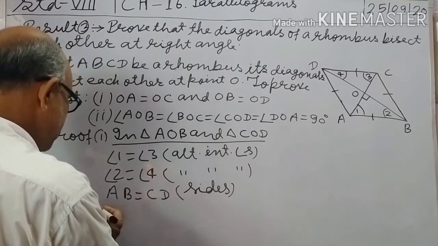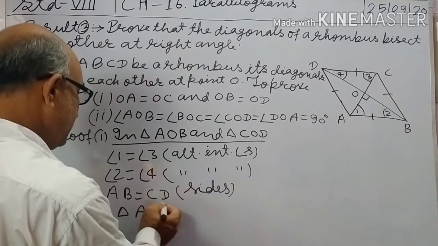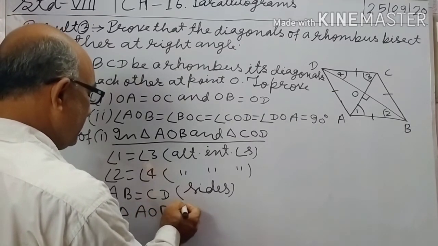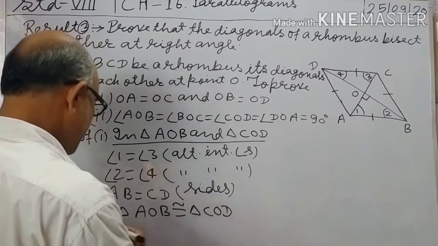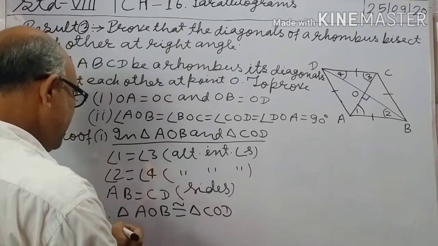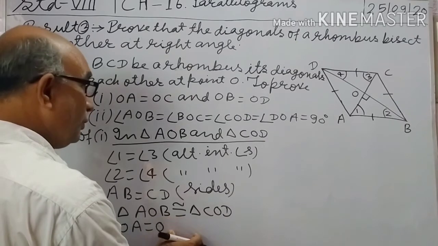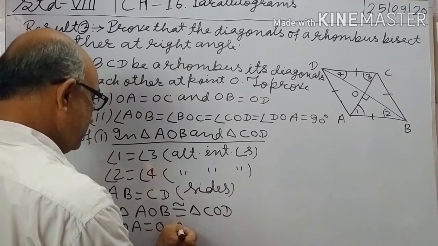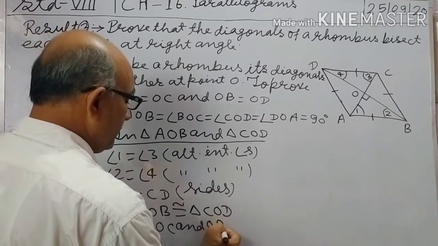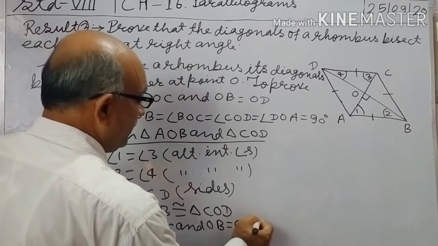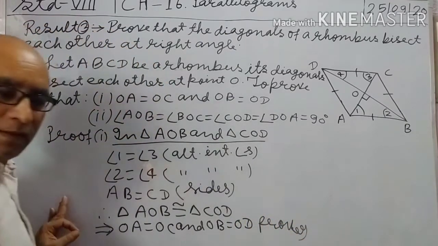Therefore, triangle AOB is congruent to triangle COD. That implies OA equal to OC and OB equal to OD, proved. Write it.